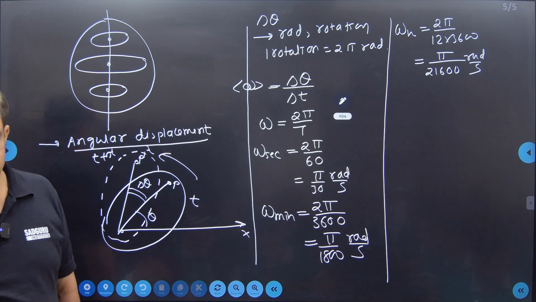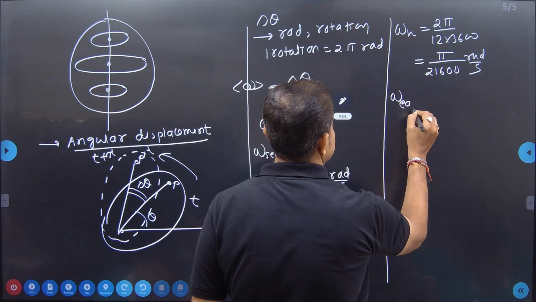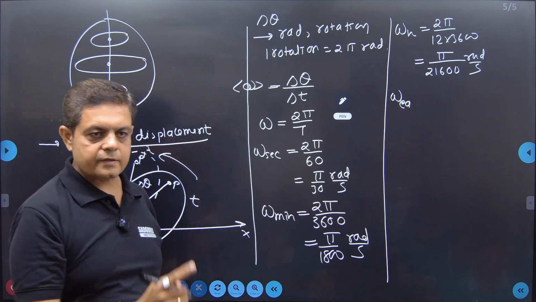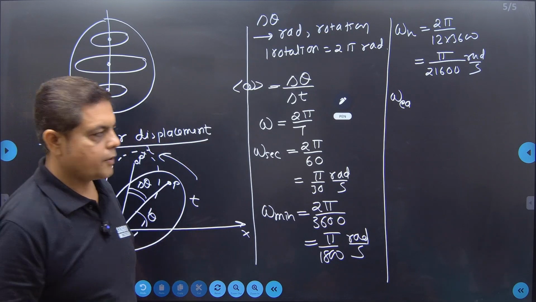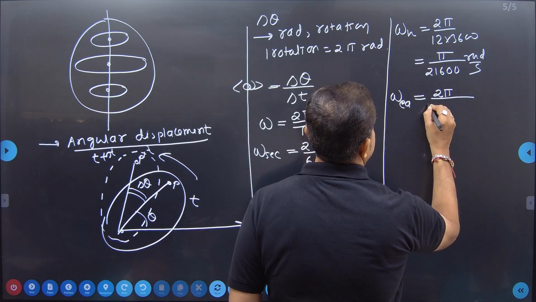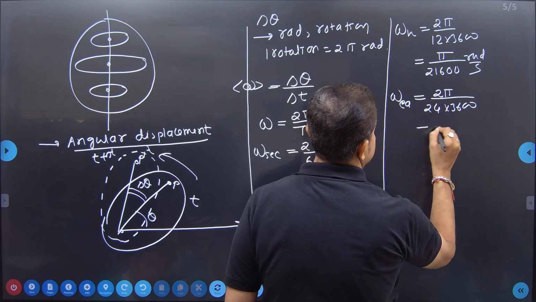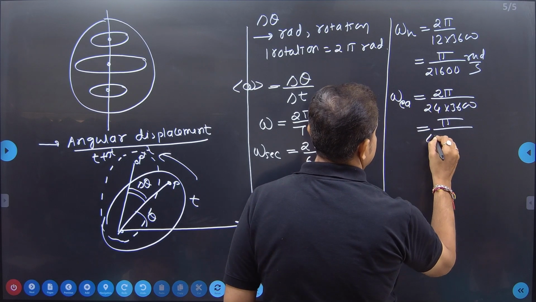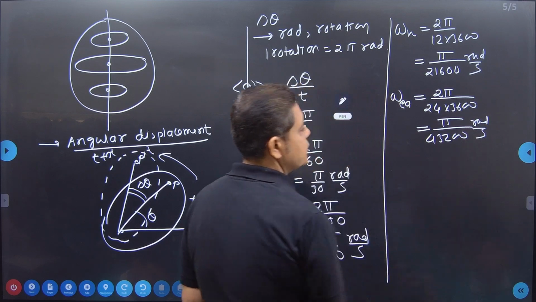Similarly, if I consider the angular speed of the Earth about its geometrical axis, it takes almost 24 hours. So 2 pi by 24 into 3600 is pi by 43200 radian per second.